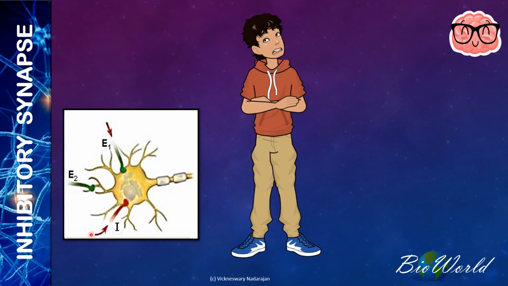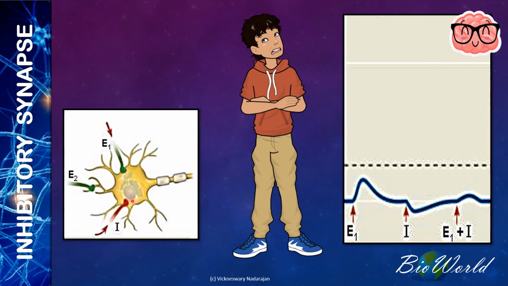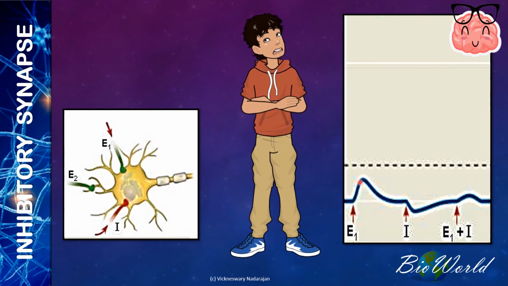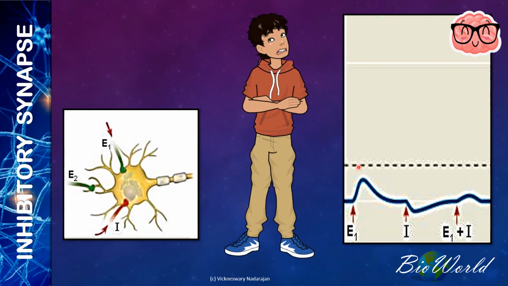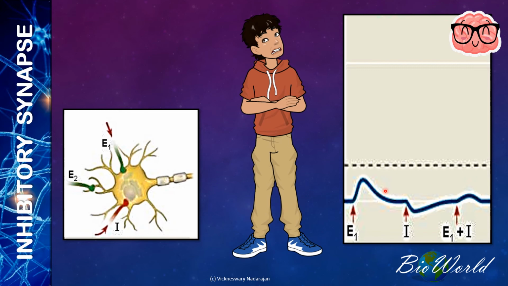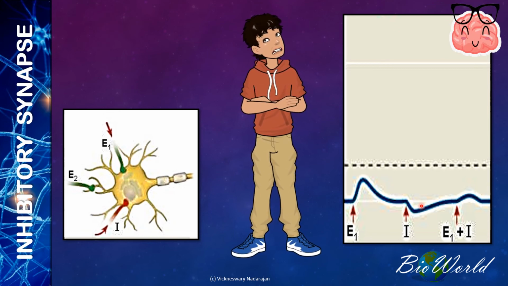This is known as an inhibitory impulse. So, although you see the EPSP going up and almost reaching threshold, because of this inhibitory impulse, it brings down the EPSP, preventing any action potential from being generated.